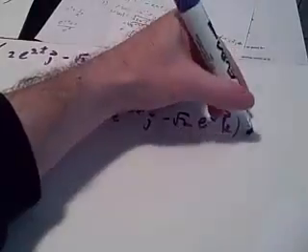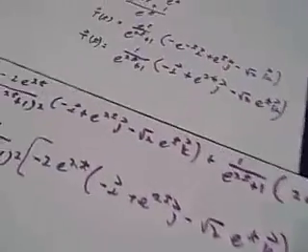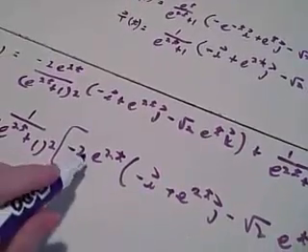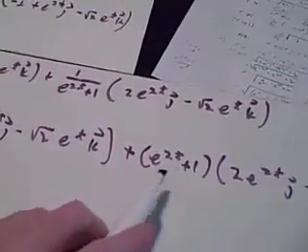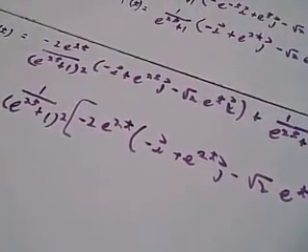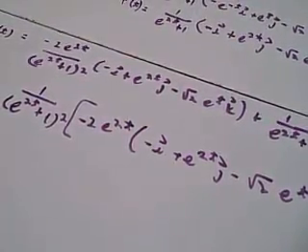Okay. Close bracket. Now at this point, the idea is to multiply this out, and combine the like i's, j's, and k's.